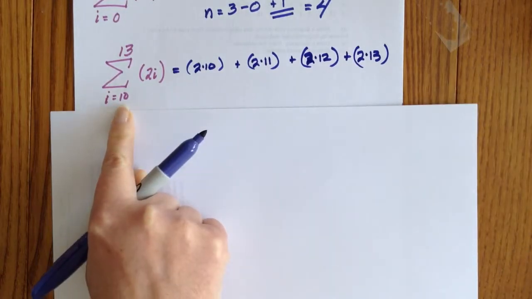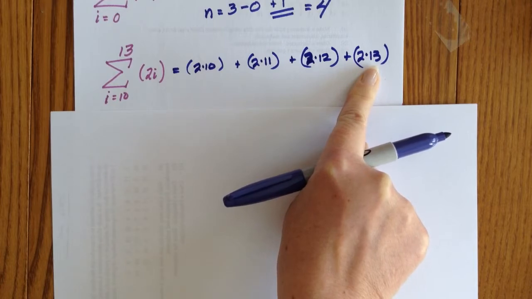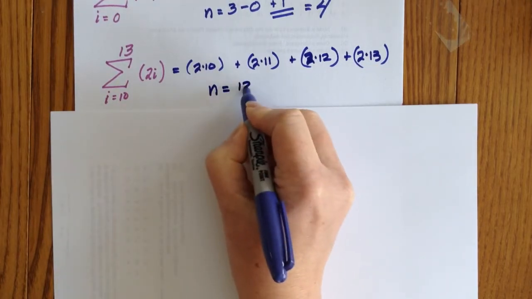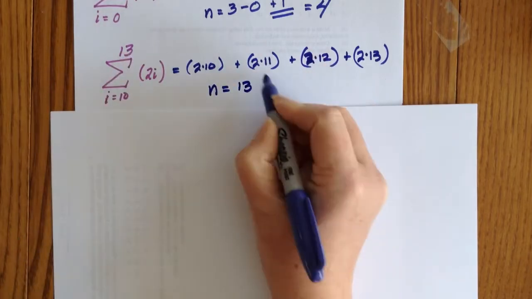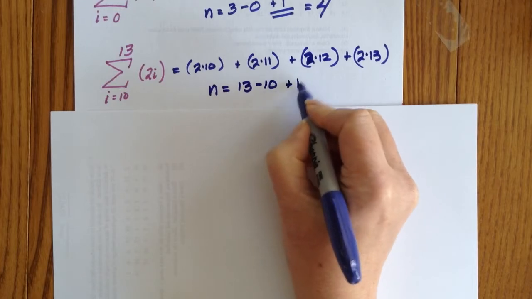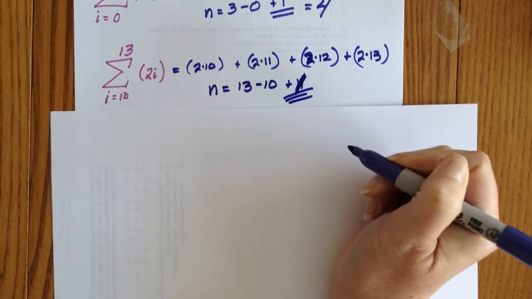I want you to notice 10 to 13 is still 4 terms. The number of numbers would be 13 minus the 10 and then add 1.